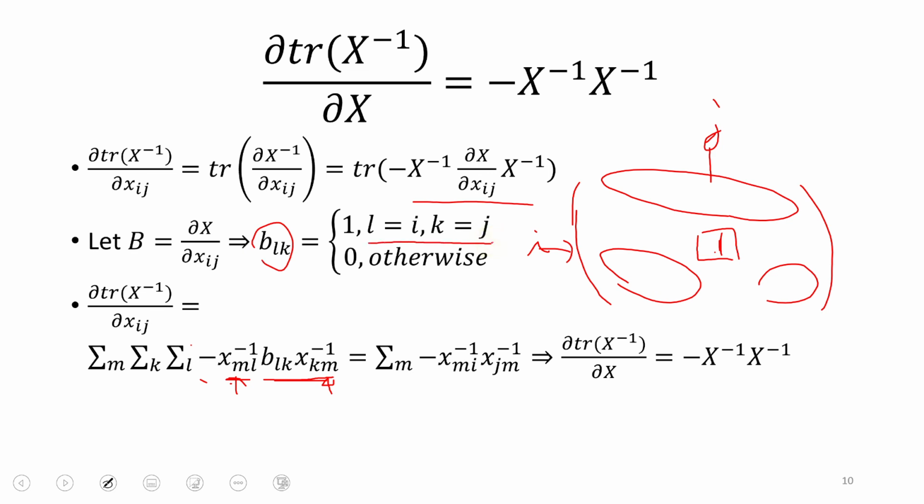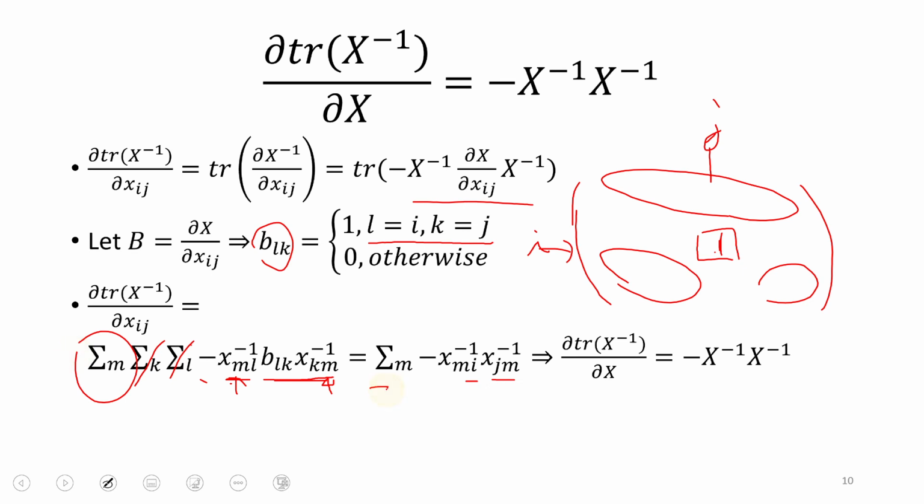So we set l equal to i and k equal to j: you have the sum over m of x inverse_mi and x inverse_jm. All other terms are zero, so we can remove the two summations, except when l equals i and k equals j, and this m remains.